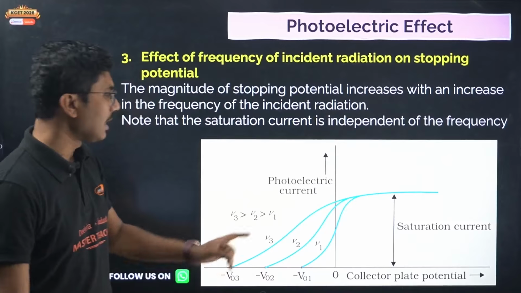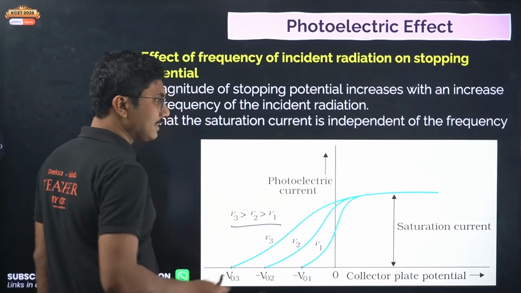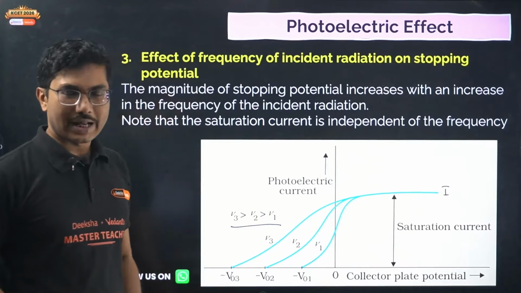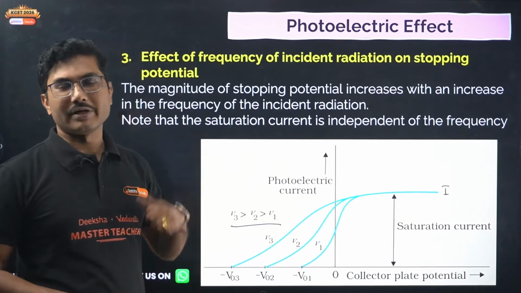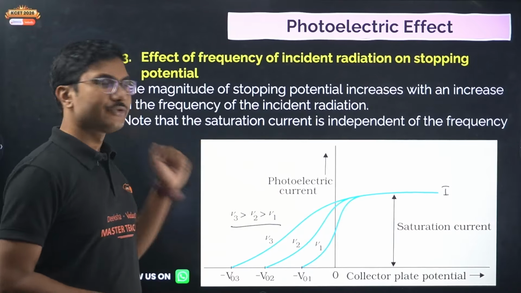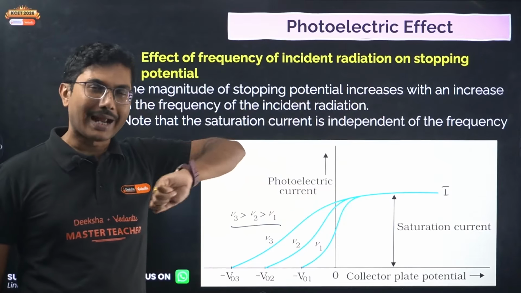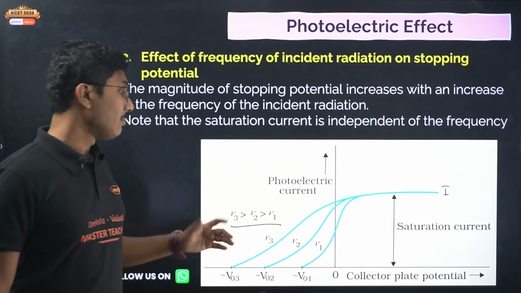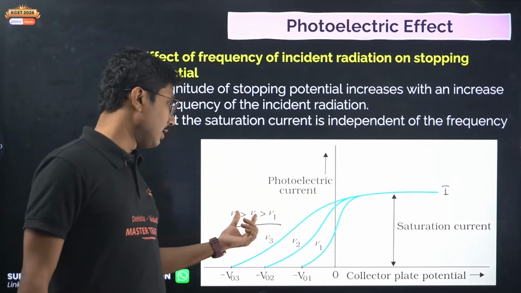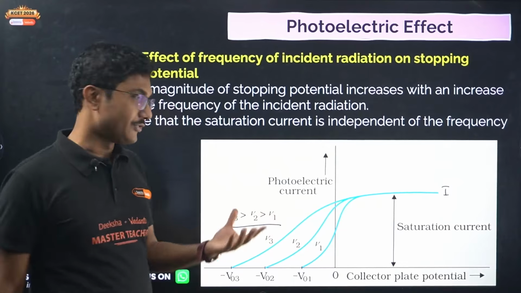Here we are using three different frequencies, but the intensity of light is the same, for example ultraviolet, X-ray and gamma ray, with zinc. The brightness of all three lights is the same, but the frequency is different. Gamma ray has the highest frequency, then X-ray is intermediate, and ultraviolet is the lowest.